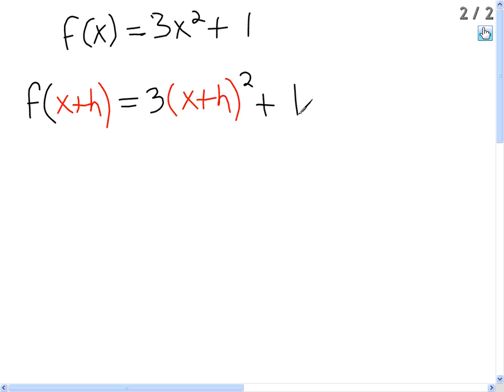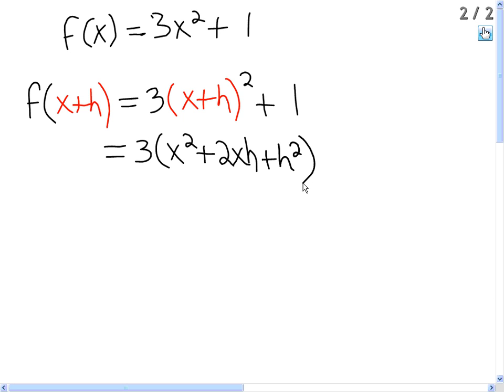So from algebra, we know when we're squaring a binomial, all we do is square the first term, square the last term, and the middle term would be the two multiplied together and doubled. So this becomes 3 open parentheses. The first term is x squared plus the double of the two multiplied to each other, that's 2xh, plus the last term squared, h squared. Now let me put my plus 1.